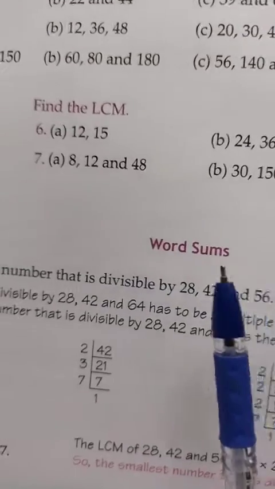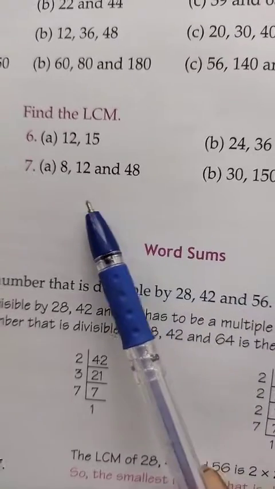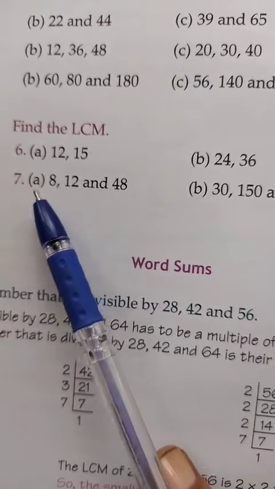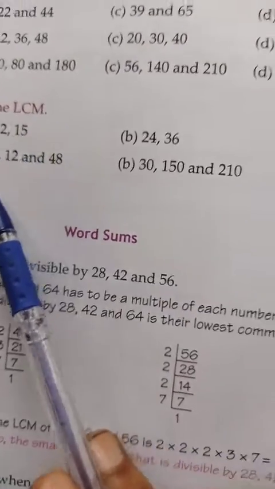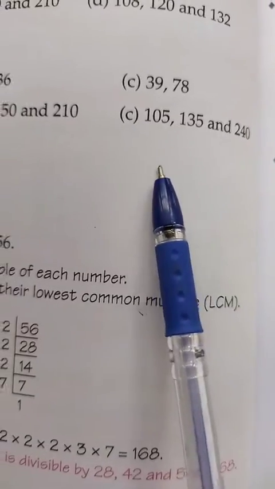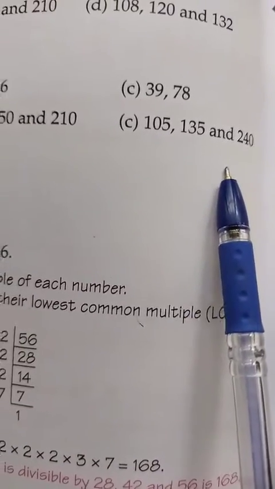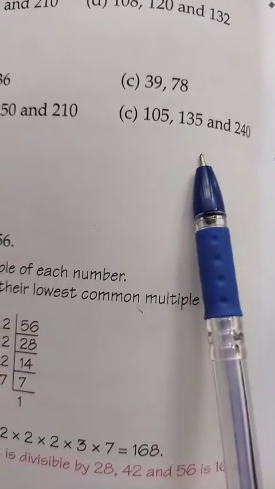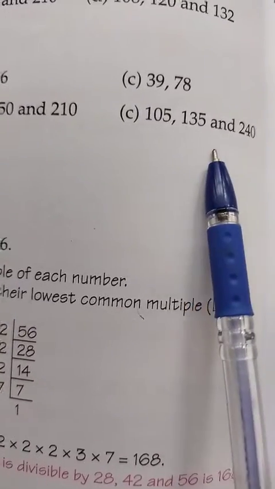Let me explain another question from this exercise. This 7th question. In this also you have to find the LCM. So 7th C part I am doing for you. The numbers are 108, 135 and 240. So how will you find the LCM of these three numbers?